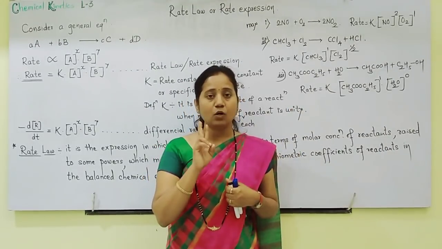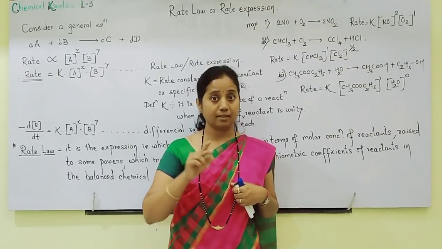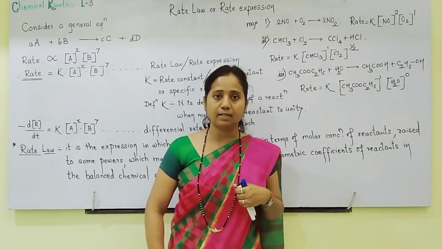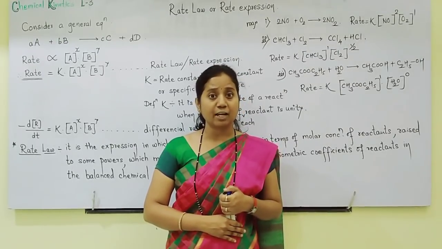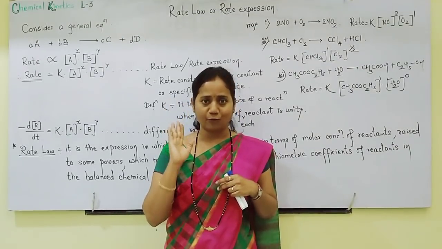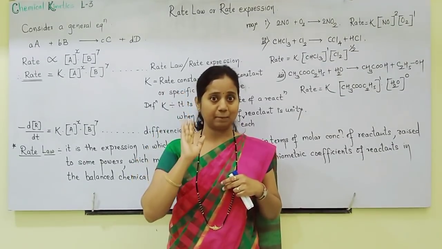Like this, we have now seen how to write rate of reaction in two ways. In the previous video, we have seen that rate of a reaction can be written merely by looking at the balanced chemical equation. That was a theoretical method.